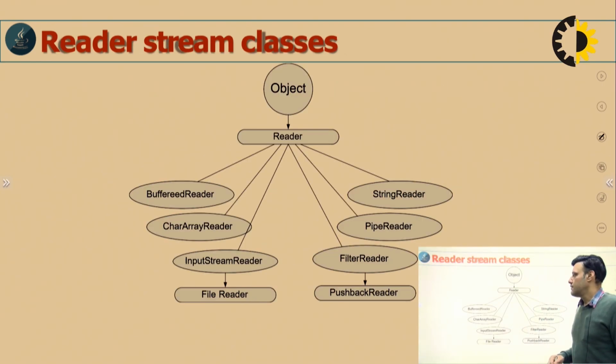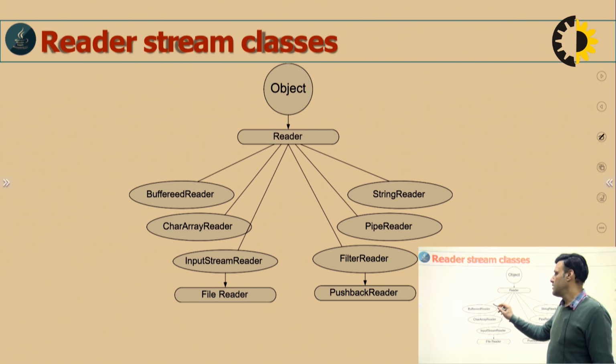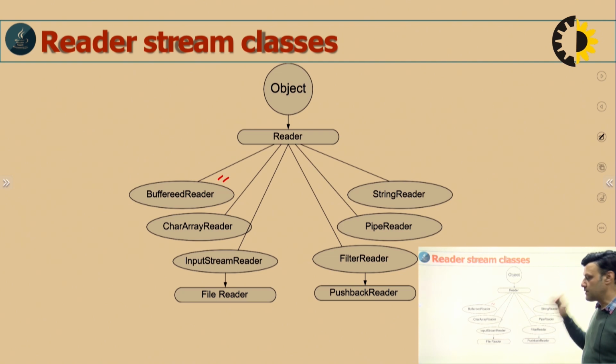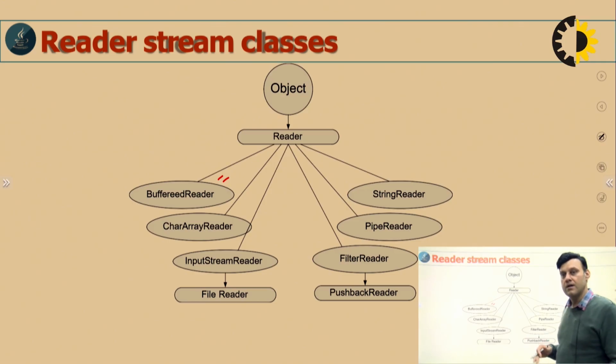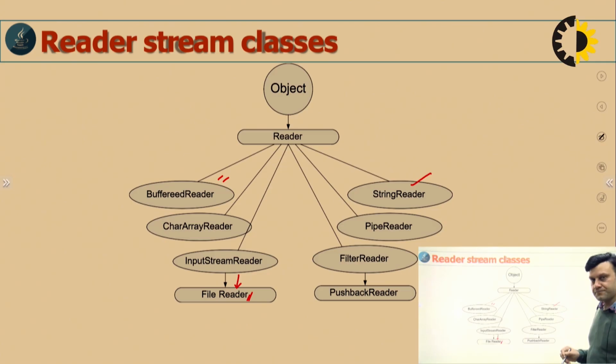Now for this reader class, a number of subclasses are given which have a variety of methods. So the reader class has buffered reader class, char array reader, input stream reader, and specifically for input stream reader we have file reader. Then we have string reader, pipe reader class, filter reader, and pushback reader, which is specifically related to filter reader.